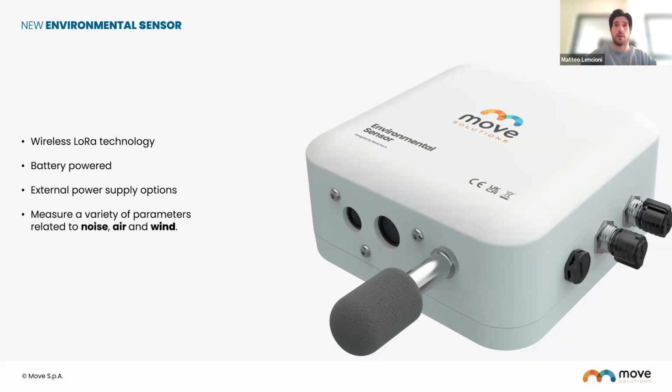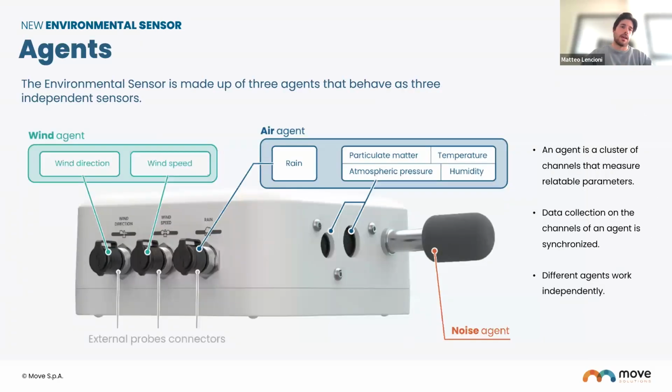The sensor is battery powered, so it doesn't need an external power supply, but you can connect an external power supply in case you want to extend the battery life. The sensor can measure a wide variety of different parameters related to noise, air, and wind. Now we're going to go into details and see exactly what this sensor does.